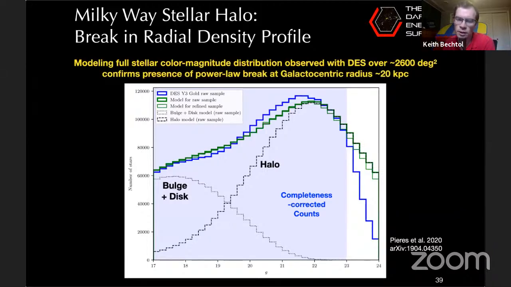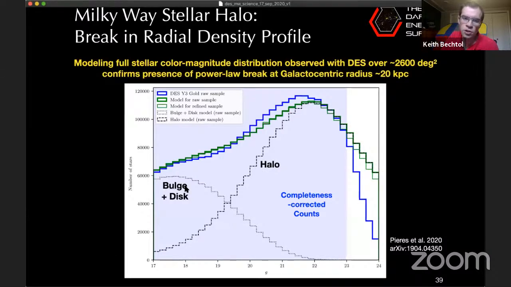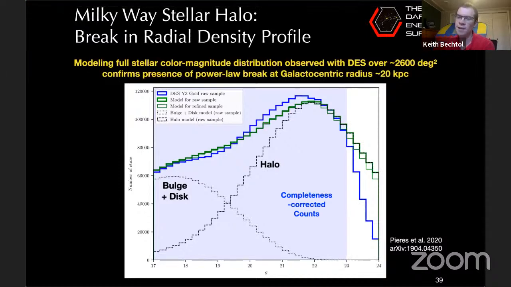What's really nice about this fitting approach is that we can see the contributions at the bright end from the bulge and the disk, and then as we go fainter and fainter, we can see that DES is really sampling this halo population of stars, and that we're able to get an excellent fit between the observed sample in blue, the number of stars as a function of their flux, relative to this model of the Milky Way halo, extending all the way out to 23rd magnitude, so almost the faint end limit of DES.